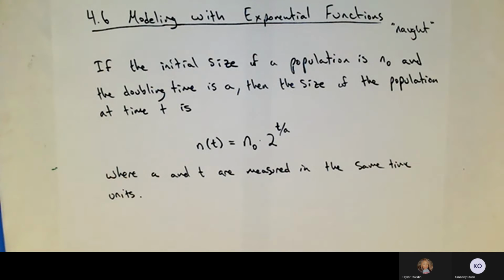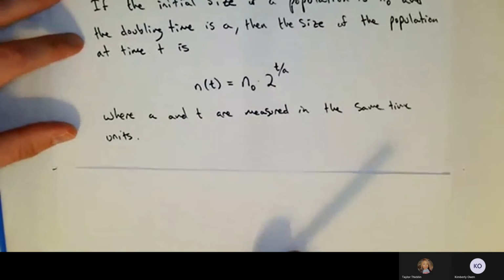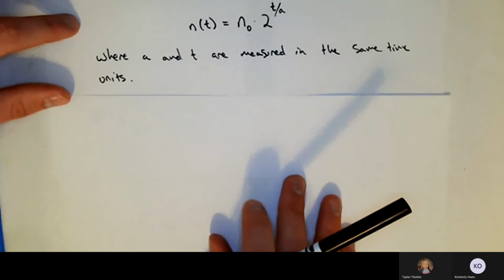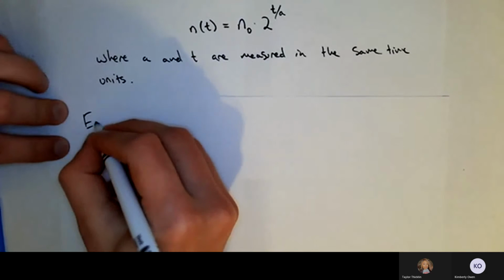Okay. So the T over A thing, it's going to make the most sense if we do an example. Let's run an example so we can see this formula at work here. So let's say example 1 here.